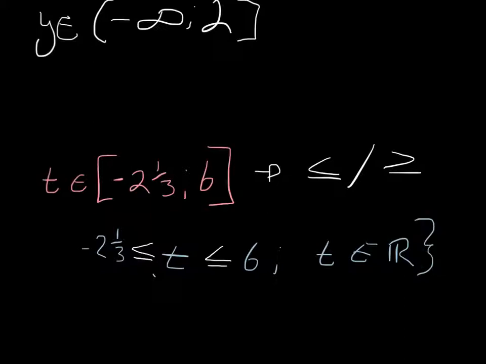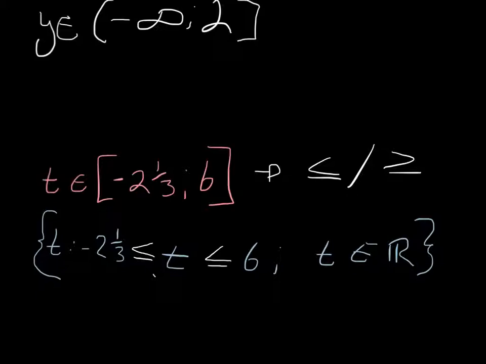We need squiggly brackets, and at the front we say that t is the variable that we are using. And that is converting interval notation into set builder notation.